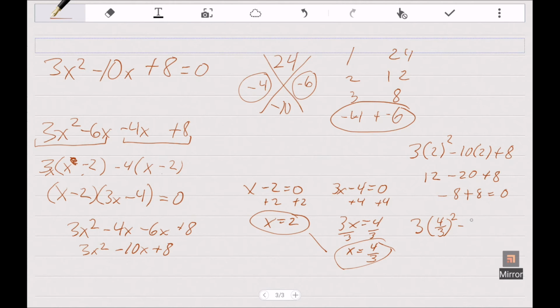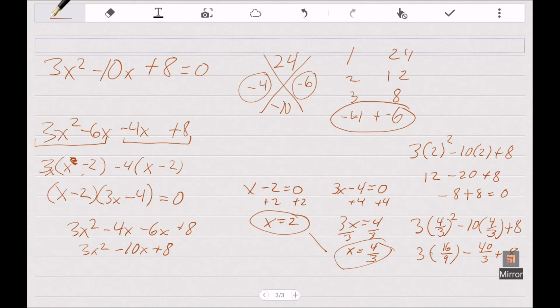Squared minus 10 times 4/3 plus 8. Now, whenever you're squaring a fraction, you simply square the top, then square the bottom. So I'm going to have 3 times 16 over 9 minus, multiply onto the top, 40 over 3 plus 8. Now, 3 times 16. We could do that, or we could recognize that the 3 on top is going to cancel with 3 on the bottom.